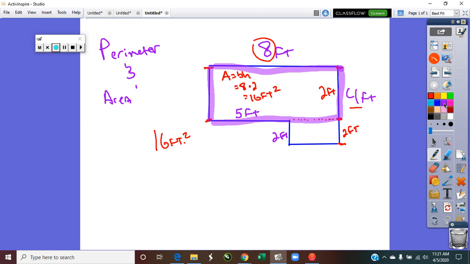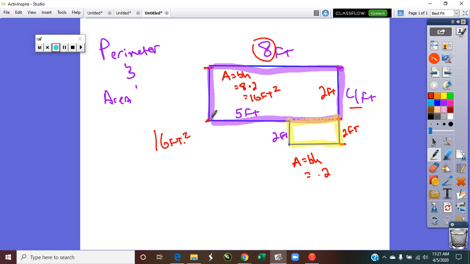Now let's go down here and let's find the area of this part. Well, I know that I have area equals base times height. Well, I don't have a base here, but I can easily find it, can't I? I do have a height of 2, so I can put a 2 in there.